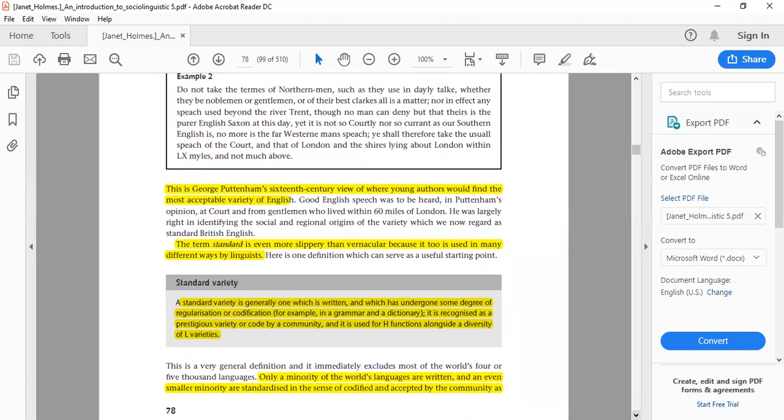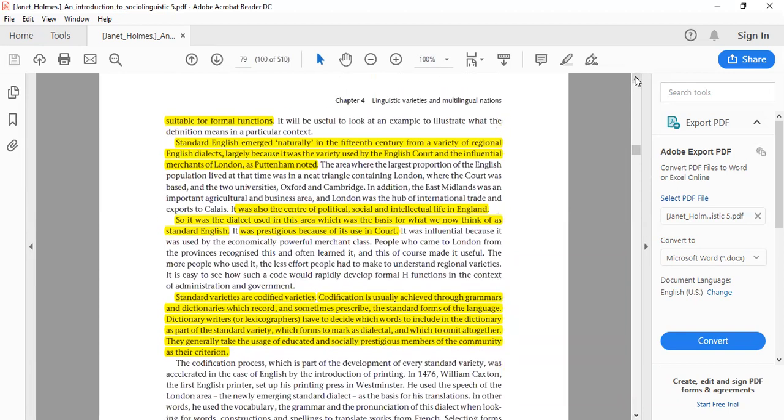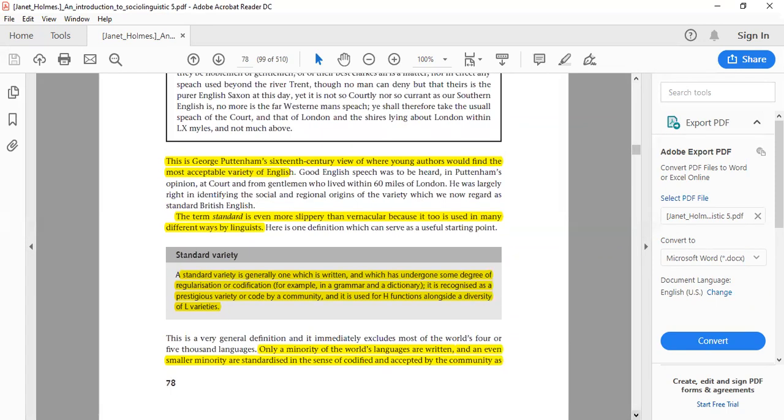Though there is this confusion that is always there, just the way there is confusion in other terminologies of sociolinguistics, including variety and dialect, so is the case with standard as well. As we've discussed, not all languages which are codified would be considered a standard language.